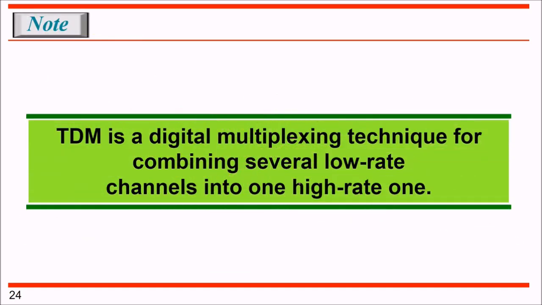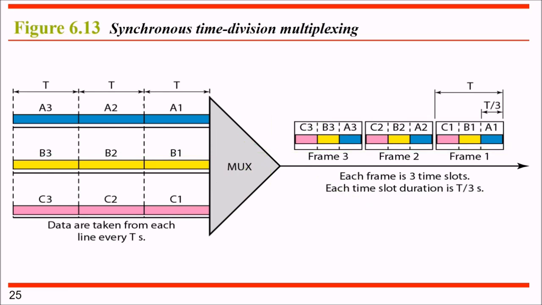So TDM is a digital multiplexing technique for combining several low rate channels into one high rate one. This is synchronous time division multiplexing. Why do we call it synchronous? Because these are time durations, and once we send A1, we send B1, C1.